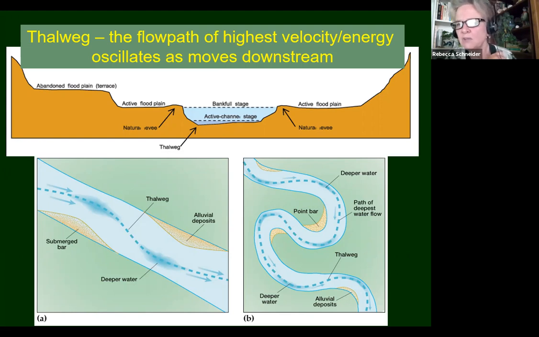It kind of moves from side to side of the stream, or oscillates as it moves downstream. And as it moves then, that high energy part is the part that scours out the bank. It carries a lot of material with it. And then on the slower parts of the stream, that's where that material then settles out. And you get deposits called point bars or some kind of alluvial deposits.